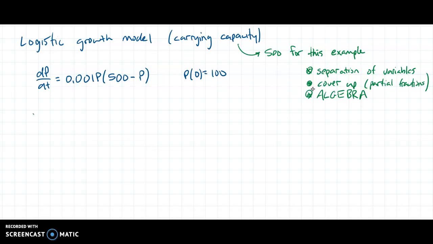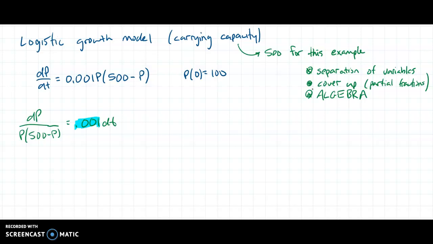My separation of variables, I get dP over P times (500 minus P) is equal to 0.001 dt. What I think is important about this step is leaving that 0.001 on this side. If you move it over, it's going to get pretty complicated. So anytime you get one of these, leave that there.